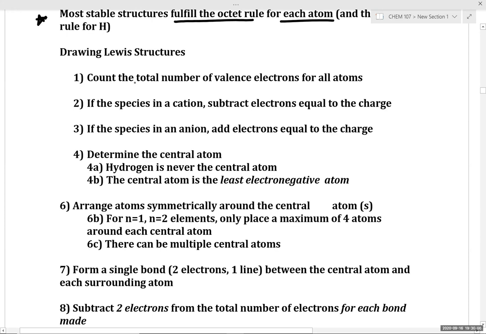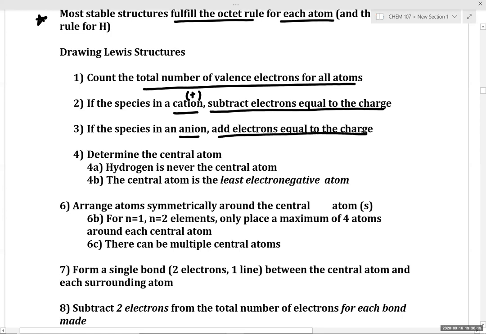So first, you count the total number of valence electrons for all atoms. Next, if you have a cation, you subtract electrons equal to the charge. If a species is an anion, you add electrons equal to the charge. Then you determine the central atom.